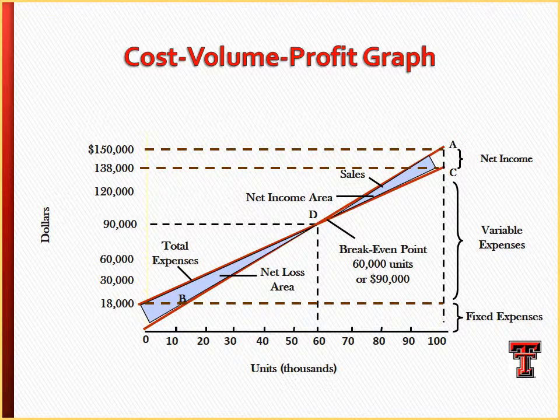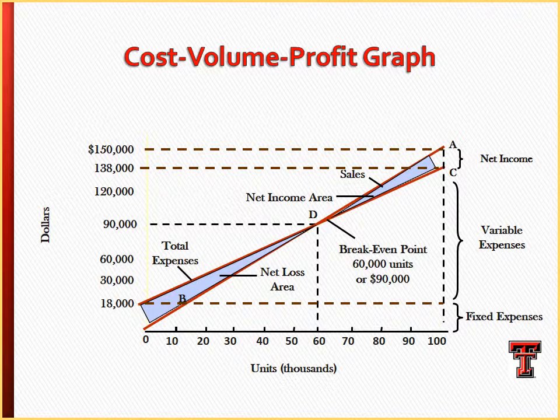The key point here is that there's an intersection eventually where revenue crosses the total cost function. That point is called the break-even point. Below that point, the company is in a net loss position. Total revenues are less than total cost. But above that point, total revenues are greater than total costs.